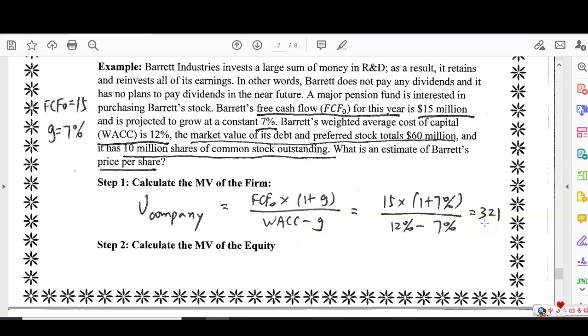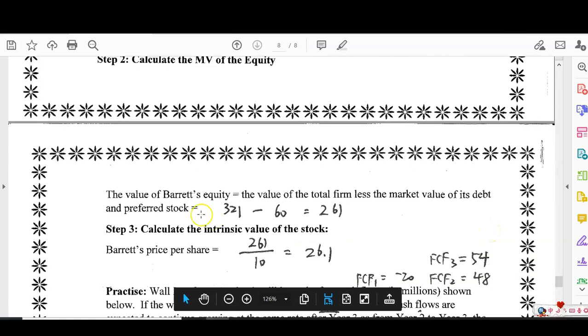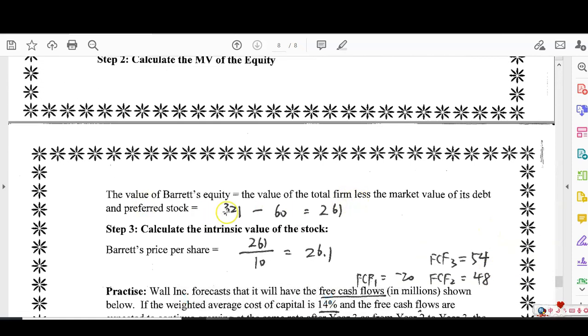Compared to our first case where we have 2-stage model for the free cash flow model, here we only have 1 stage, so we can get the company value easily. Step 2, we can get the market value of equity by using the value of the total firm, 321, minus the market value of the debt and preferred stock.